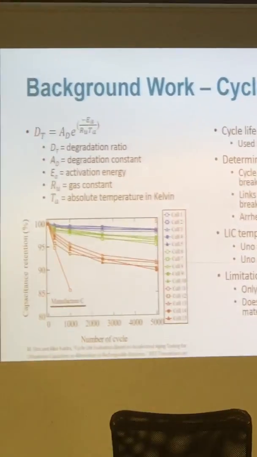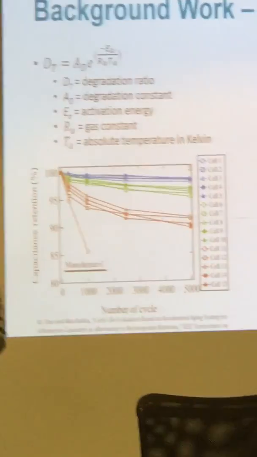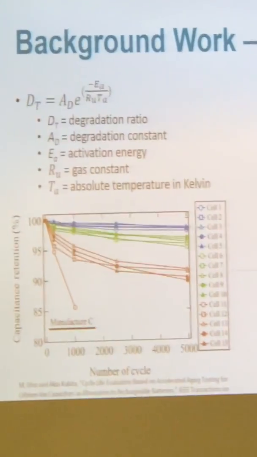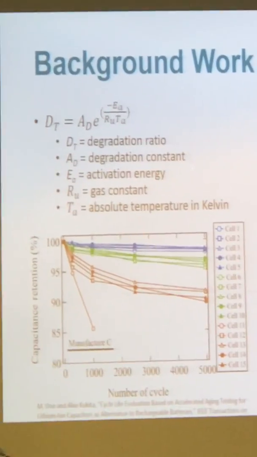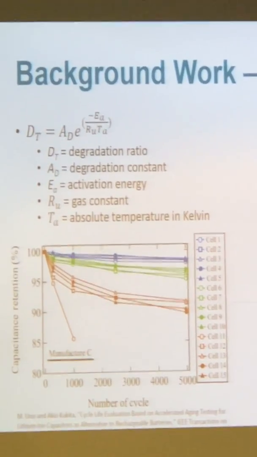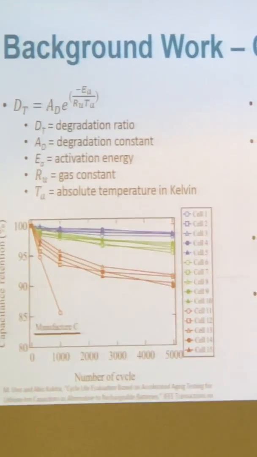So the first predictive study on lithium-ion capacitor performance was by Uno and others a few years ago over in Japan. What they found is that they took a commercial off-the-shelf lithium-ion capacitor and changed the cycle temperature.